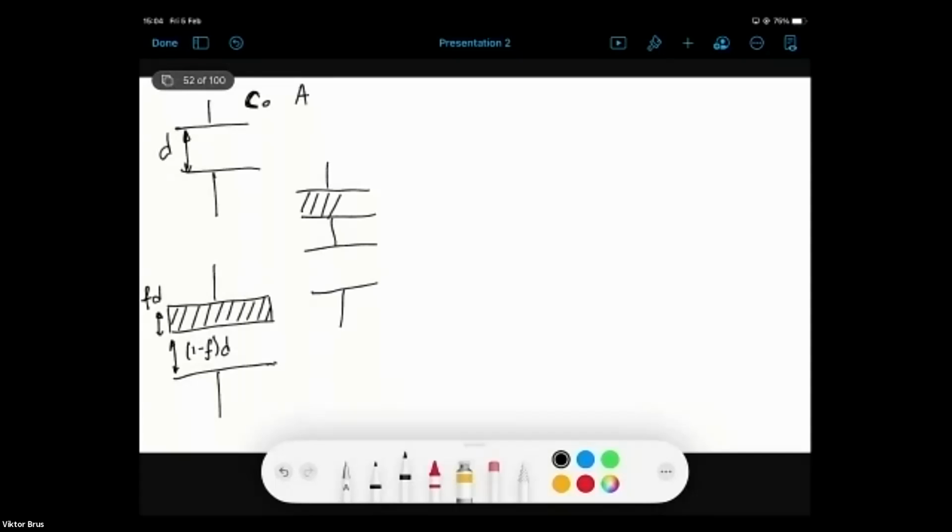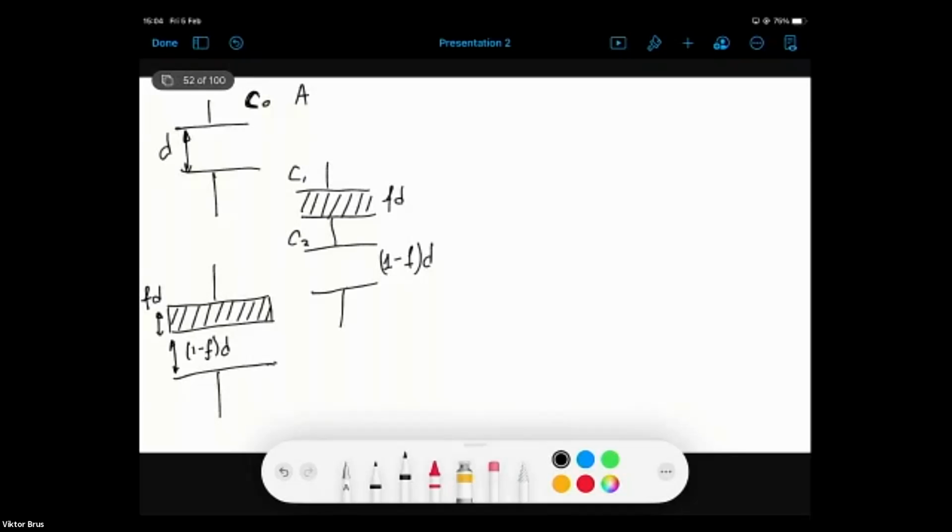The first capacitor will be filled with dielectric and its thickness will be F times D. The other will be empty, and the distance between plates will be 1 minus F times D. So we'll have C1 and C2 for their capacitance.